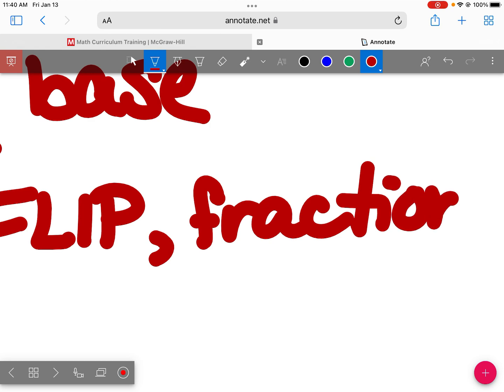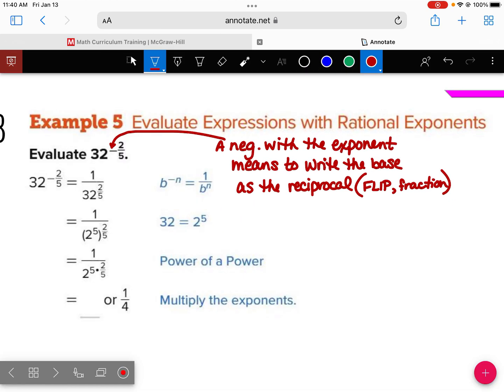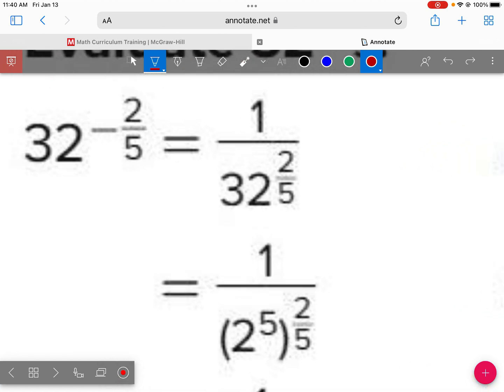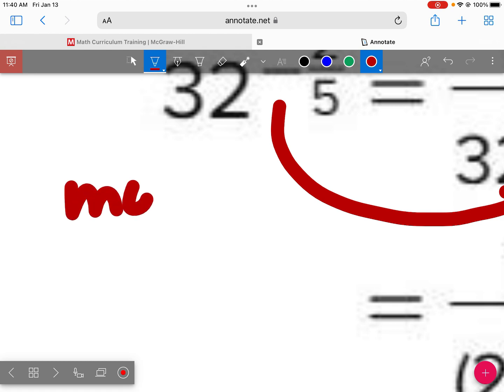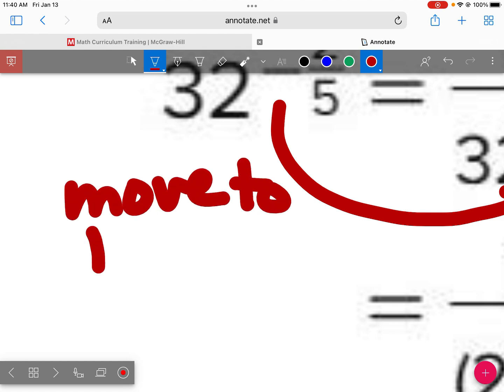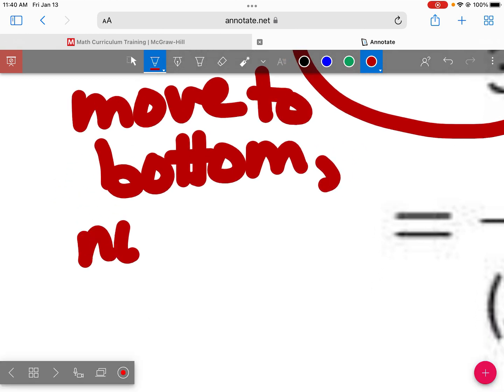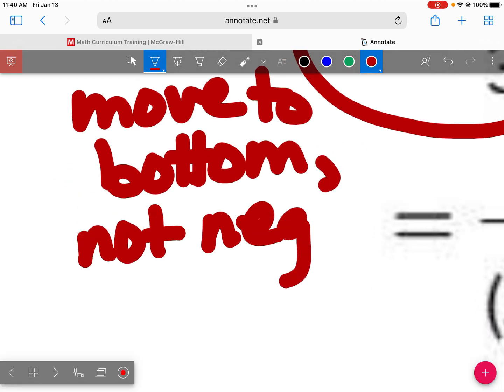In this case, that means we would have to make it a fraction and put that down on the bottom. So notice when they rewrote this, is the 2/5 as the exponent negative anymore? No. Move it to the bottom. Not negative anymore.